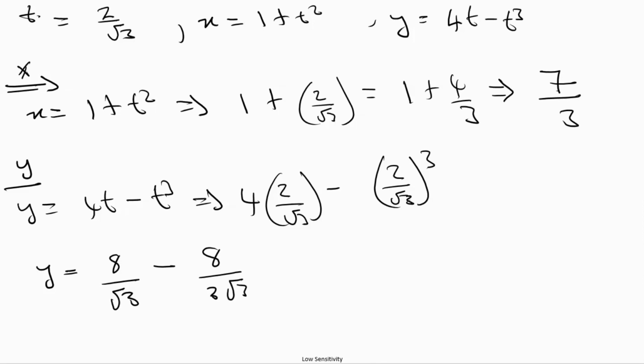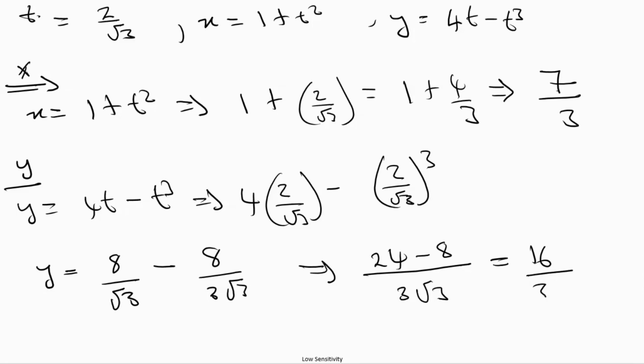We can solve this by multiplying by root 3, so this is 8 times 3, which is 24, minus 8, which equals 16 over 3 root 3.